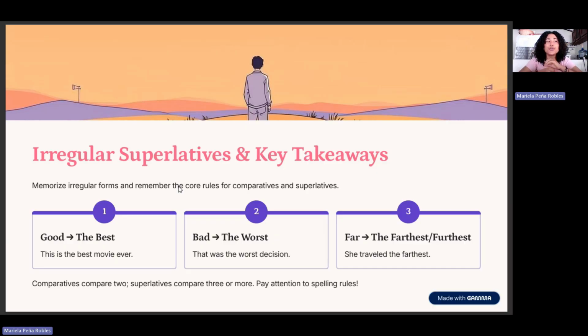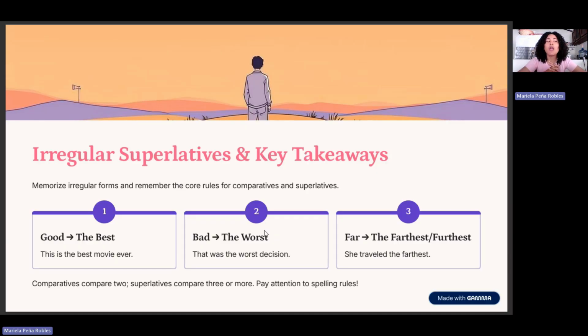These include good, the word good becomes the best, or the word bad, the word will be the worst, or far, the word will be the farthest or furthest. These forms express an ultimate degree of quality, such as in the sentence, this is the best movie I have ever seen.